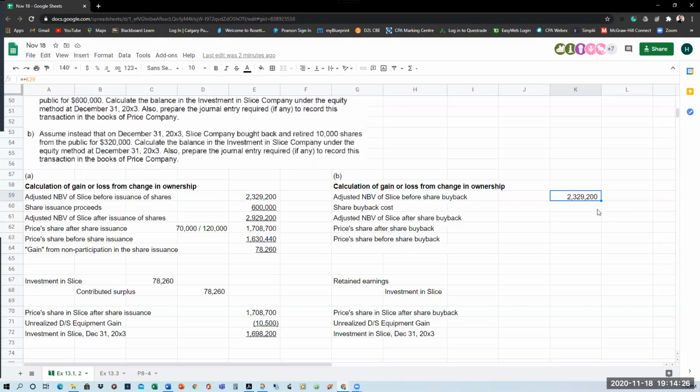So the share buyback is going to reduce the book value of Slice. As a separate company, they would retire those shares at the average book value, and if they paid more than the average book value, they will reduce their retained earnings. Bottom line is the net book value will go down for Slice Company.